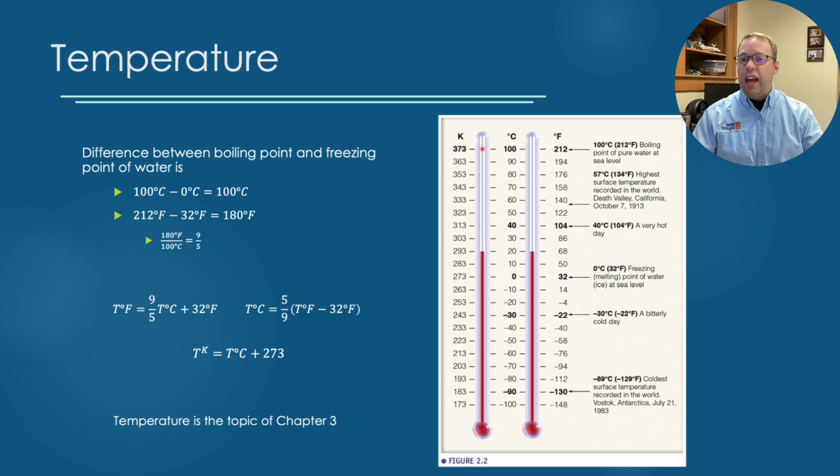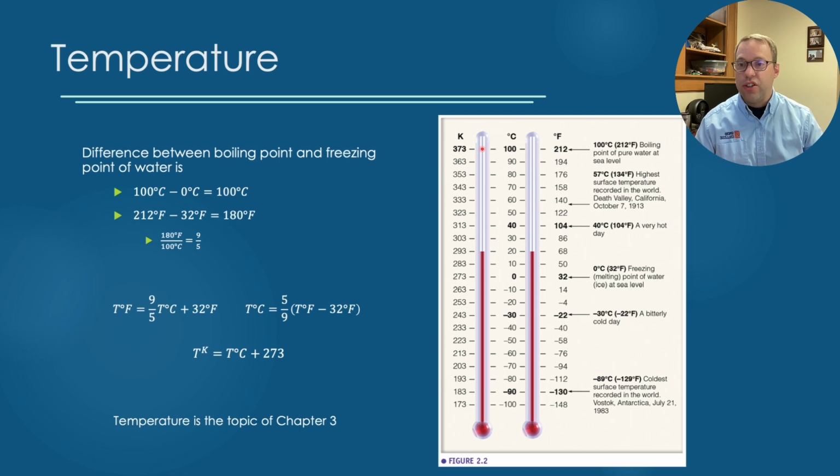Okay. If you do this in Fahrenheit, well, the difference between the boiling point and freezing point of water, take 100 Celsius minus 0 Celsius, it's a difference of 100 degrees Celsius. But if you look at this in Fahrenheit, the boiling point of water is 212 Fahrenheit. The freezing point is 32 Fahrenheit. That's a difference of 180 degrees.